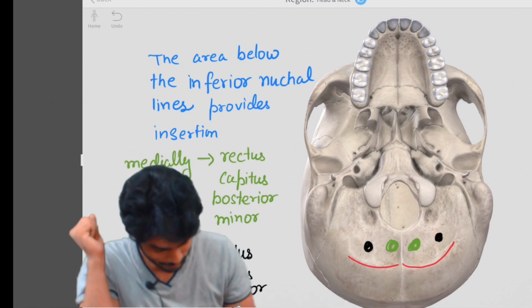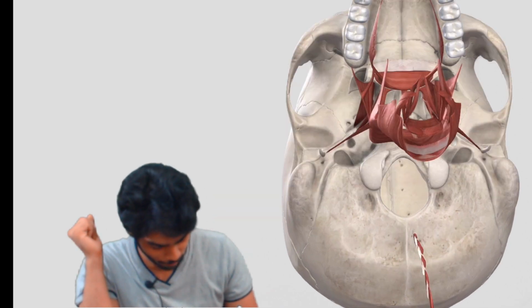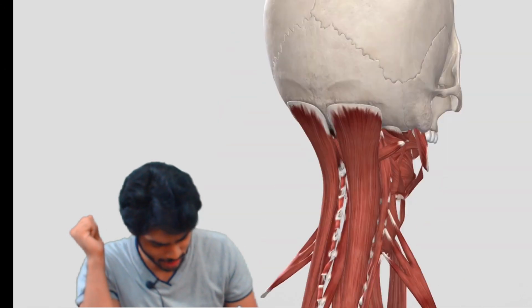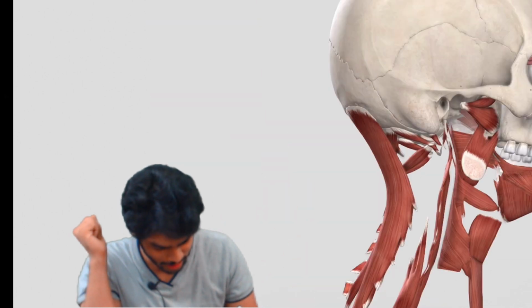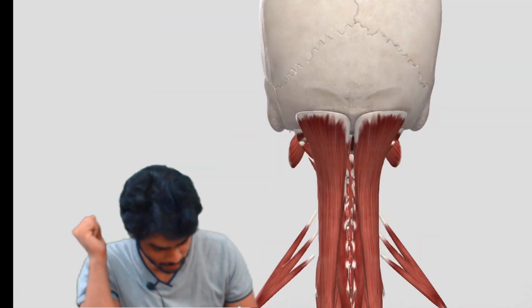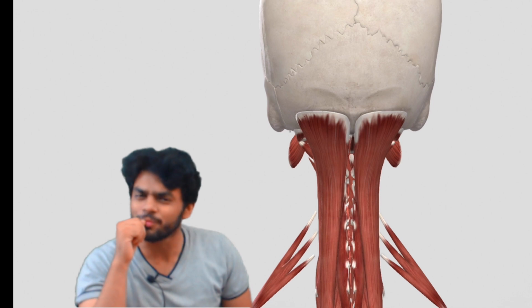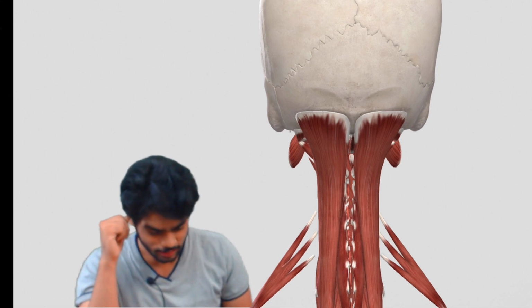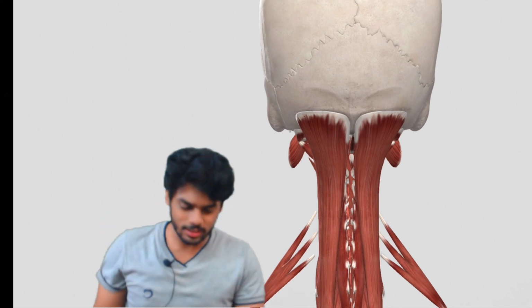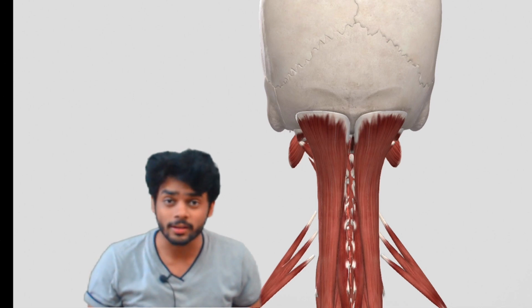Just see. I have to show you different muscles also which can be seen in this view. Can you see the superior nuchal line and inferior nuchal line? The structure you can see is the superior nuchal line, and the highest nuchal line on this picture.